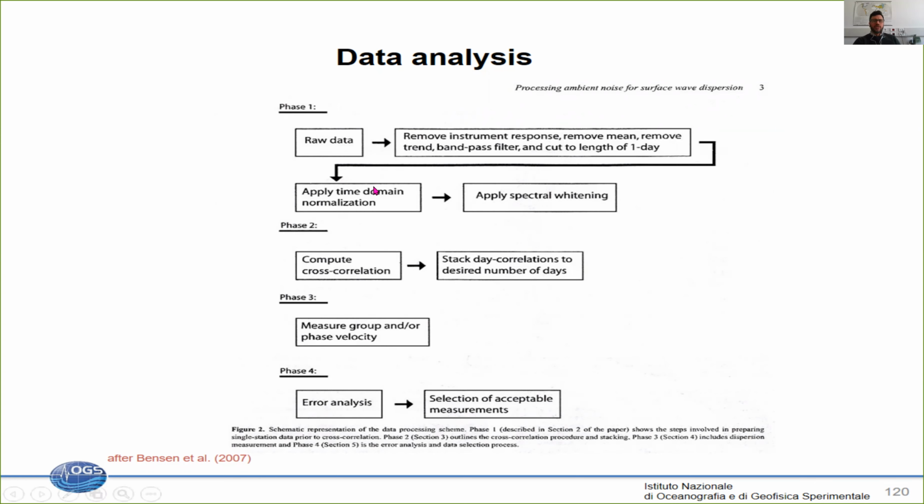For example, the time domain normalization, so the 1-bit normalization, is nothing else than what already at the time of Aki they were using, but they were using this simply because it was too complicated at the time to work with a signal that was not simply binary. And many others, like spectral whitening, have been introduced, and now there is some discussion if they can even create some problems to the analysis or less.